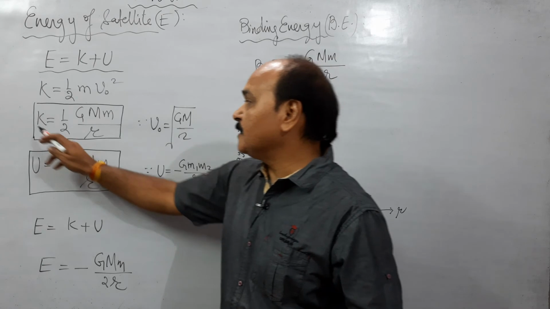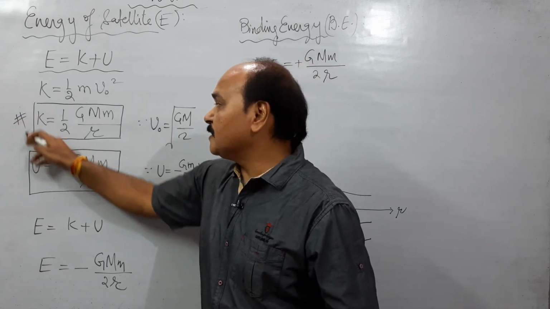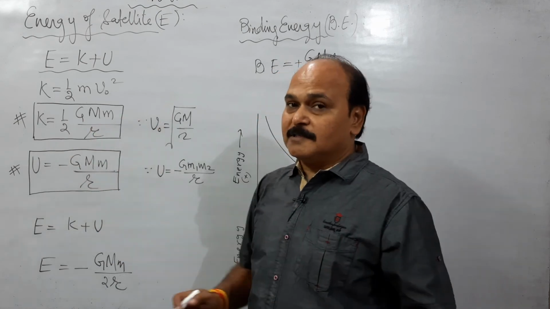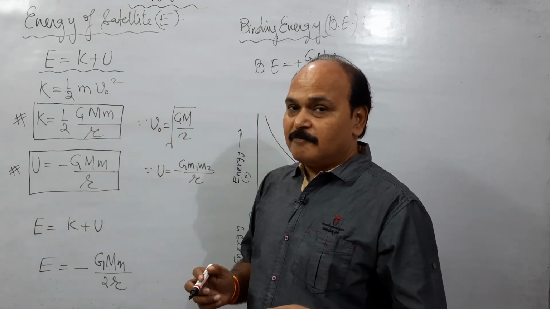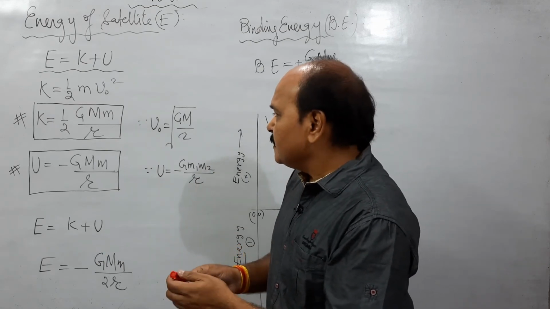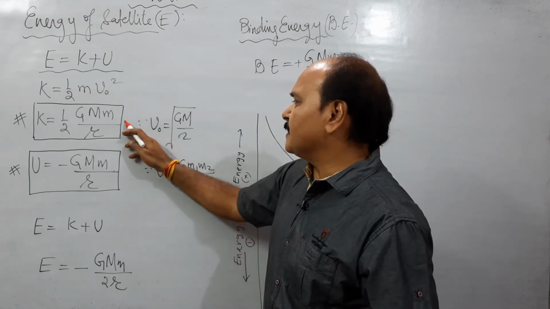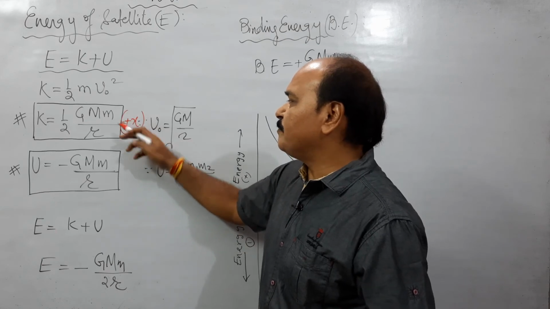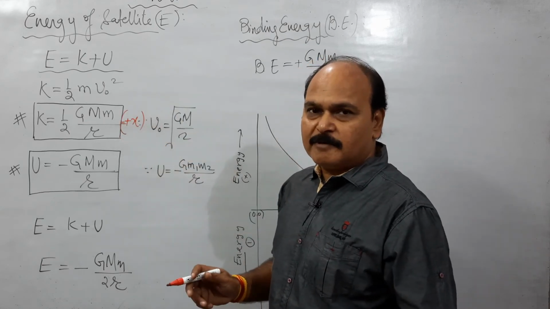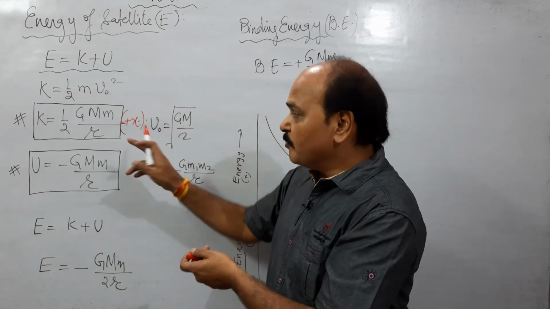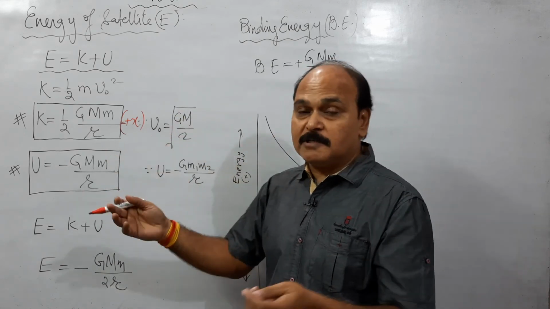So this is kinetic energy, this is potential energy, and their sum total is going to be total energy. Well, if you look at this kinetic energy, we write it as say plus x. What we are going to do, in fact, is compare kinetic energy, potential energy and total energy with each other.